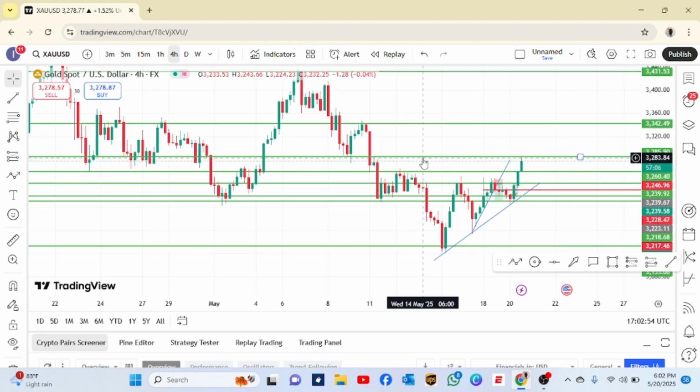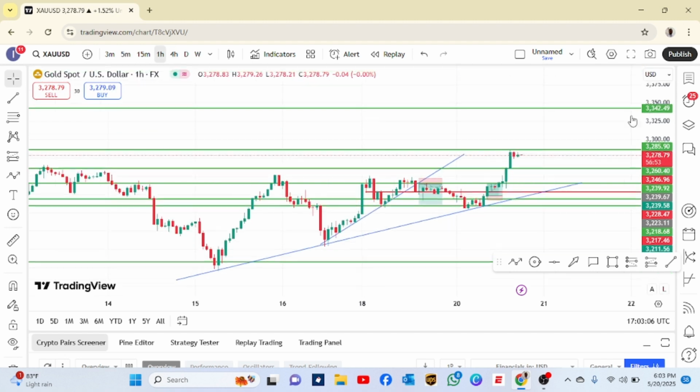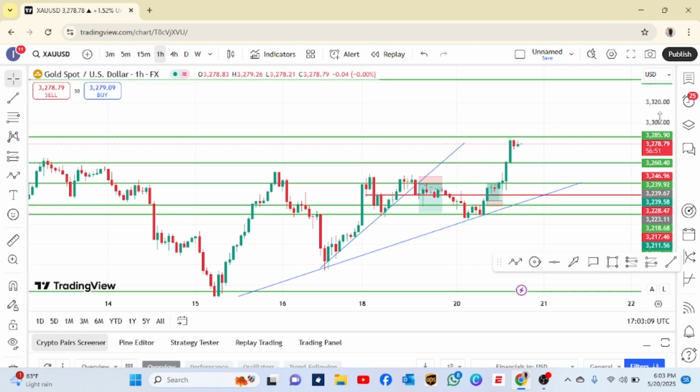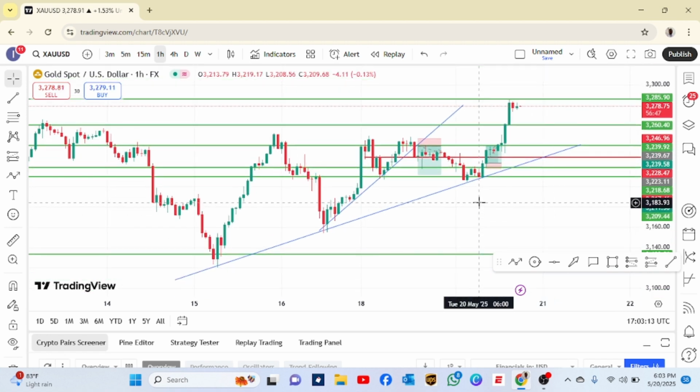So I also mark some on the 1 hour time frame. Let's go on the 1 hour time frame. So looking at the 1 hour time frame, you can see that the market is obviously heading to the upside.